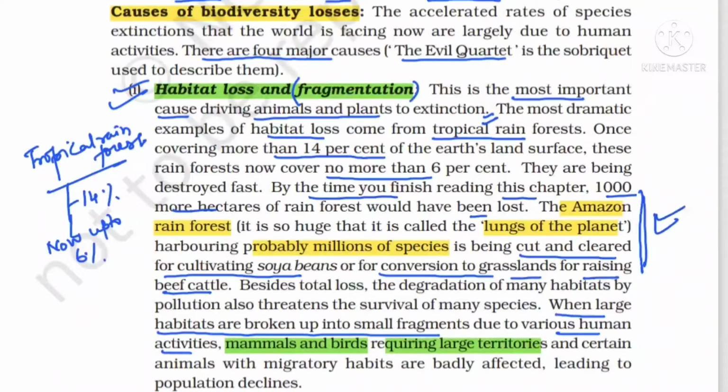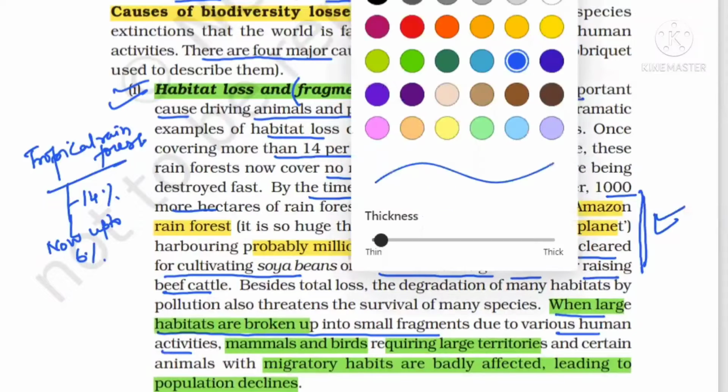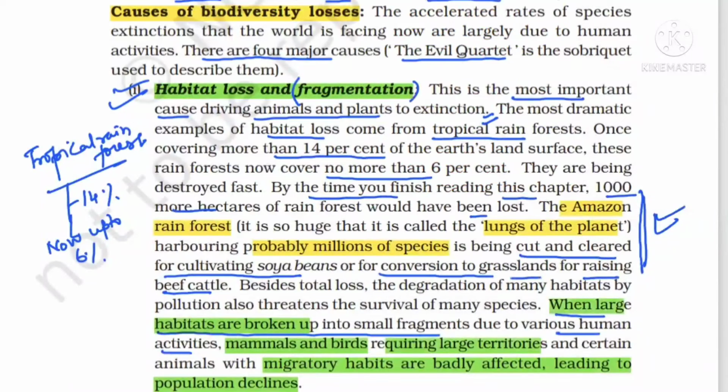As a result, their populations decline. From here you have to focus on habitat fragmentation, and the paragraph above is for habitat loss. Beta, when you read from here to here, this much is habitat loss, and from here starts fragmentation. For fragmentation, there are 2 examples: mammals and birds are badly affected.